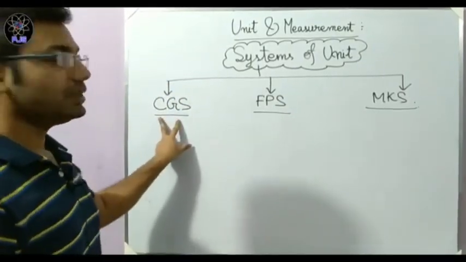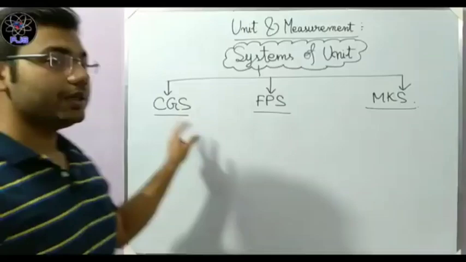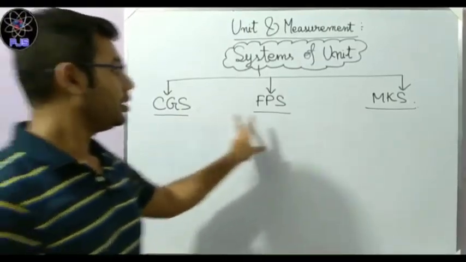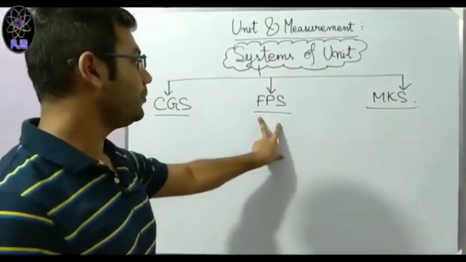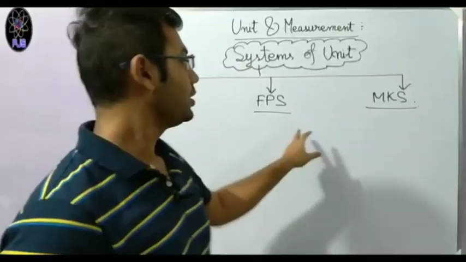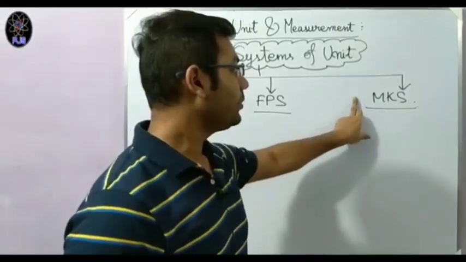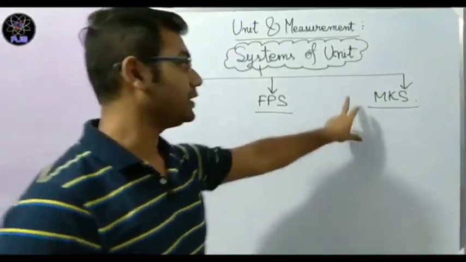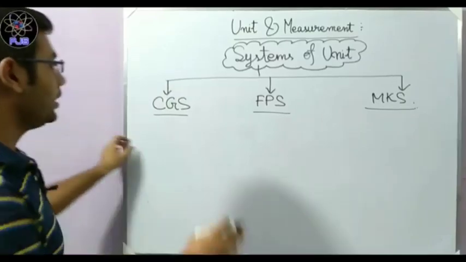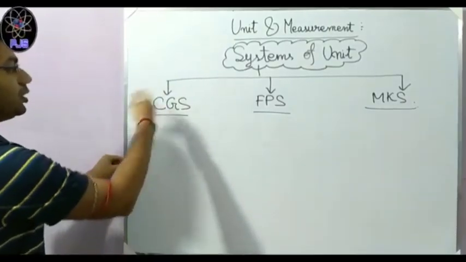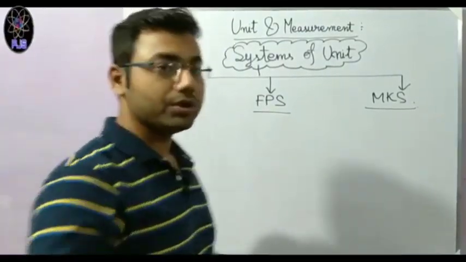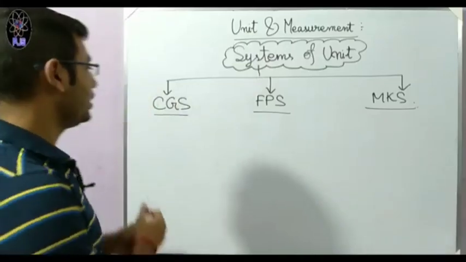Here CGS units were used by the French, FPS units were used by British people, and then the MKS system was introduced by scientists. Okay, these three types of systems were also introduced by scientists.